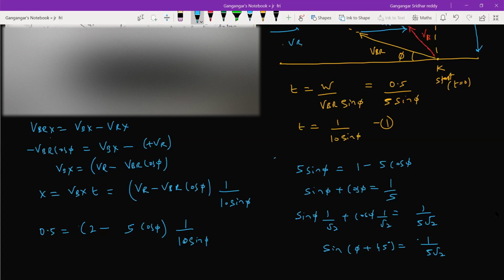Okay, here the value of x, no? We'll substitute all the things with sign. VR will be there, VBR. I already substituted the sign here, no? This should be negative.